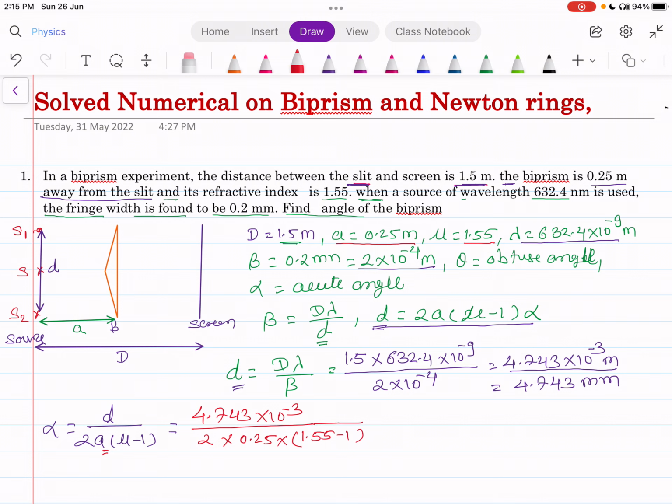And after solving this, what we get is 17.25 into 10 raised to minus 3, but this is in radian. And we have to convert this radian into degree.